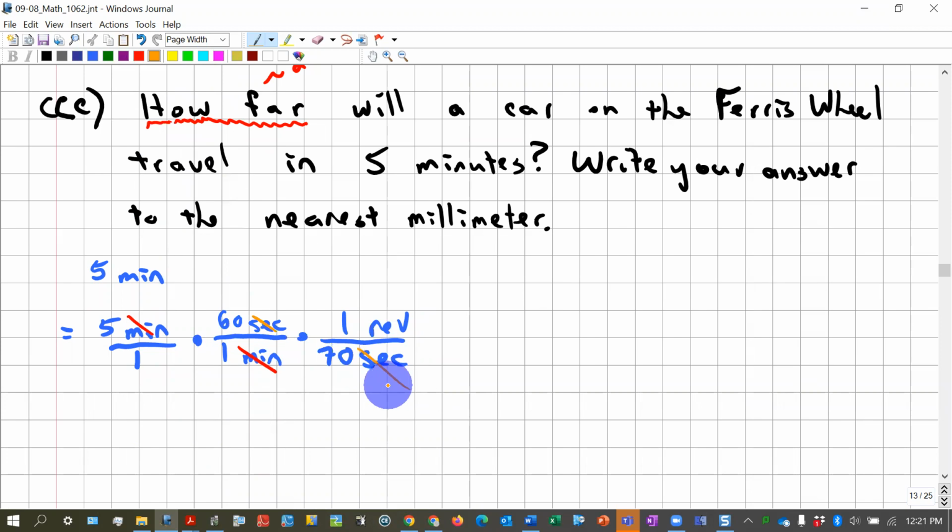So now we're in revolutions, but we want a distance. So in every 1 revolution, the car travels 2 times pi times the radius, 30 feet, units of distance.